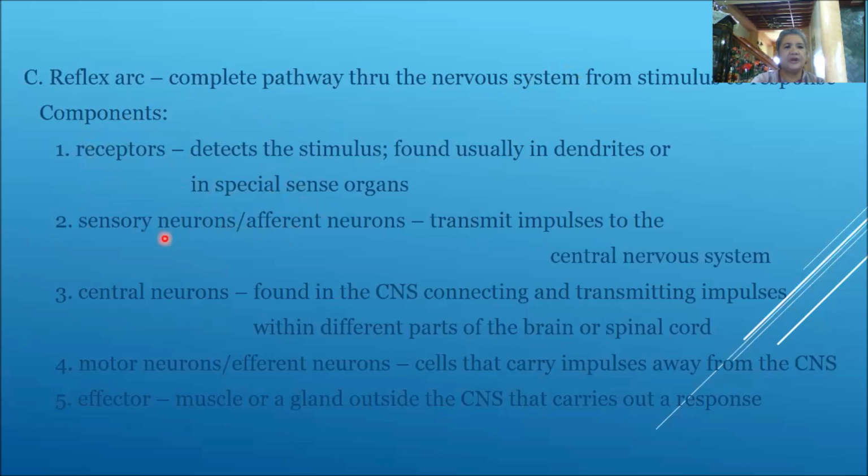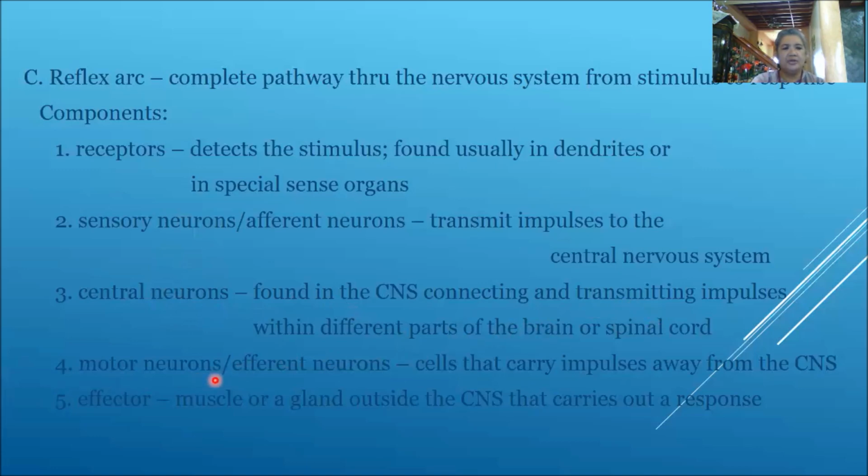Then it will travel through sensory neurons, or afferent neurons, which will bring the impulses to the central nervous system. Within the central nervous system, the impulse will be received by your central neurons, and they will transmit the impulses to the different parts of the brain or spinal cord.